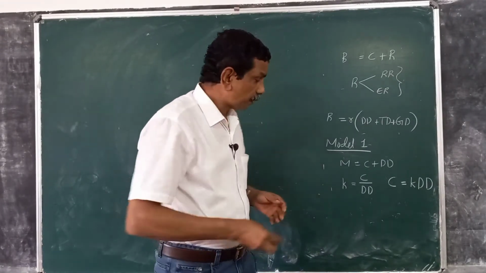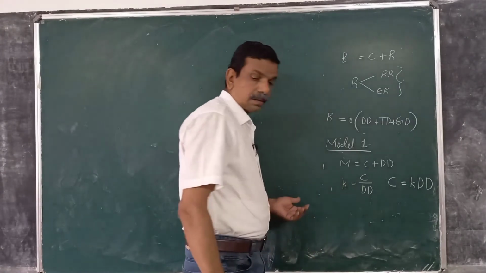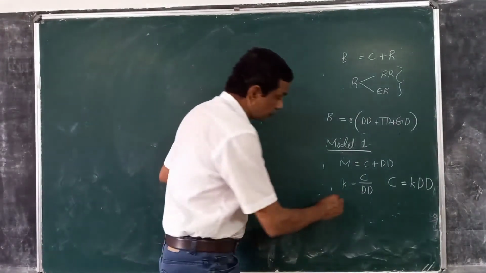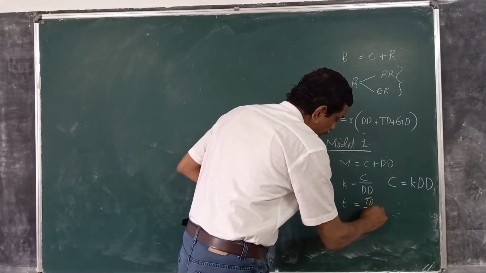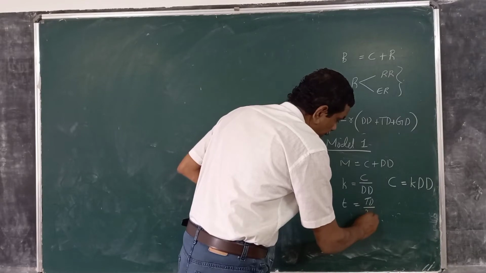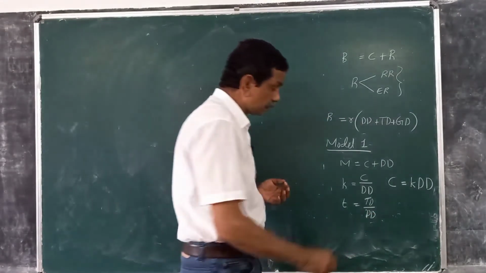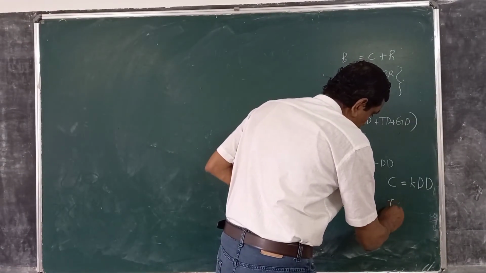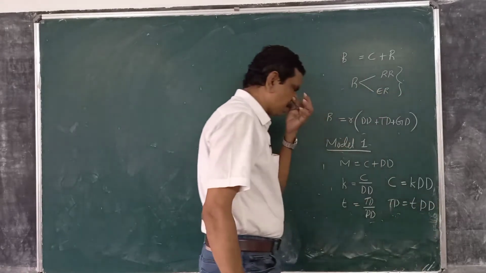So time deposits TD can be expressed as a certain proportion of demand deposits, or TD is equal to T into DD.